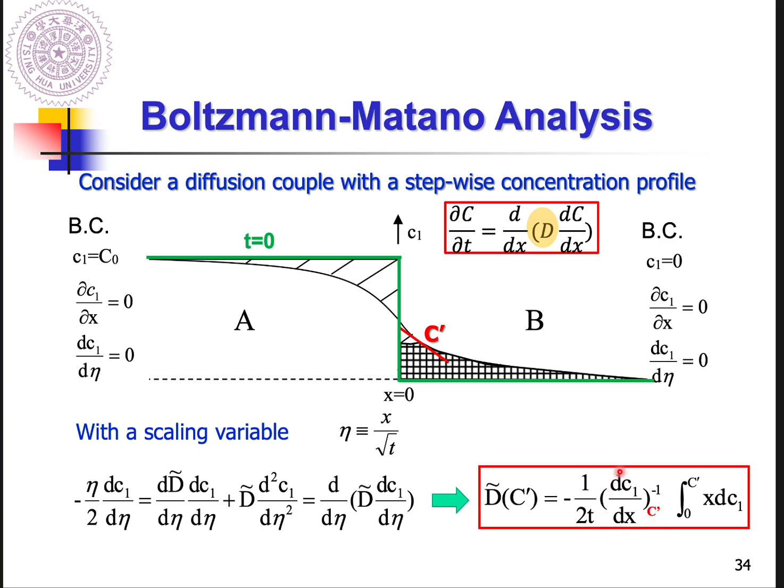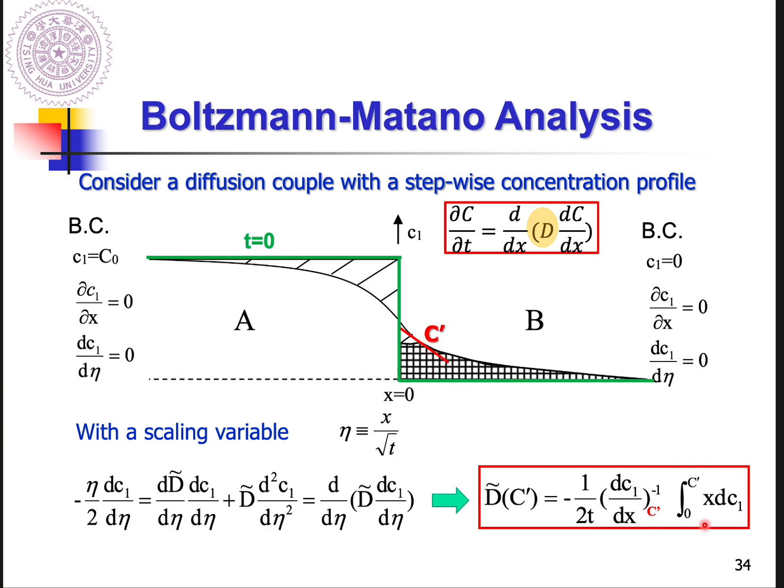The second part is the slope, partial C partial x, the concentration gradient at C', and it appears as the reciprocal of the concentration gradient at C'.